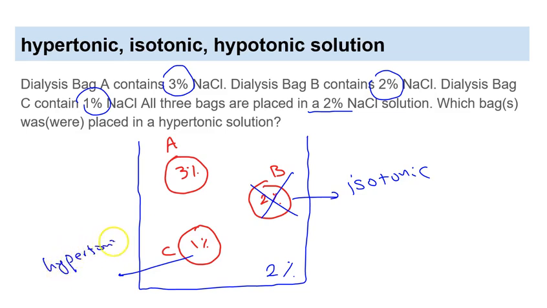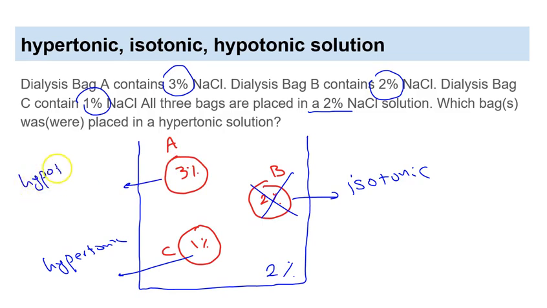So our beaker, or outside solution, is hypertonic in comparison with bag C. And if you look at the concentration of the solute inside of the cell, it seems we placed bag A inside of the hypotonic solution.